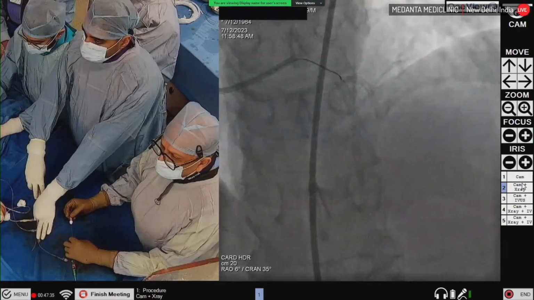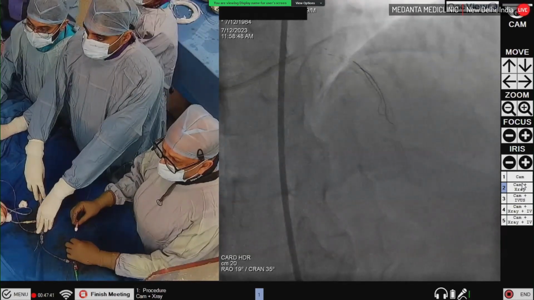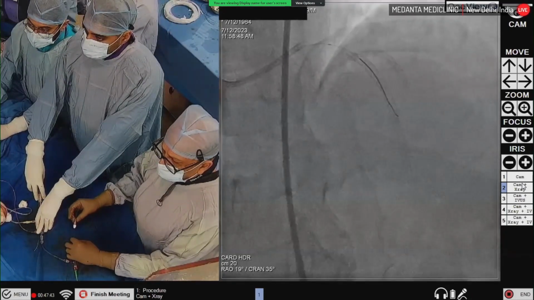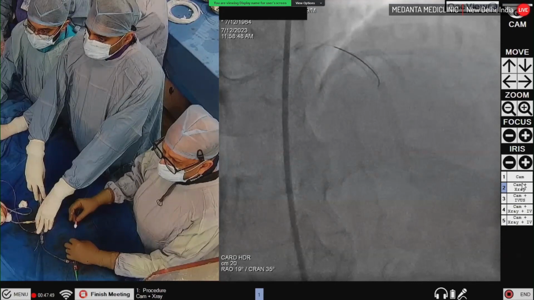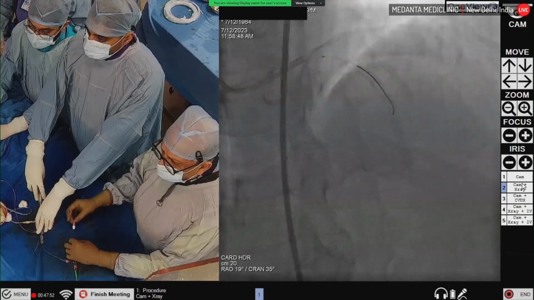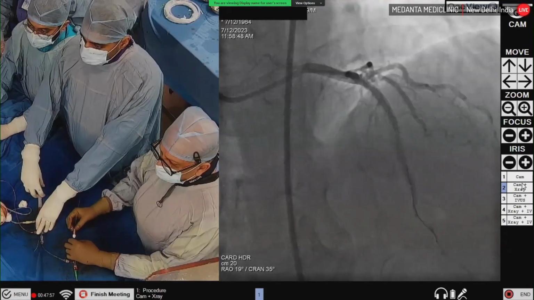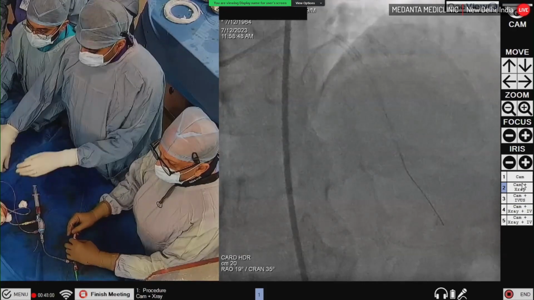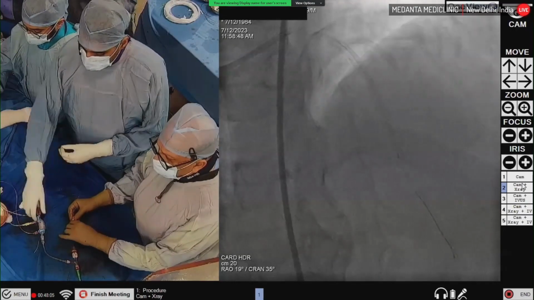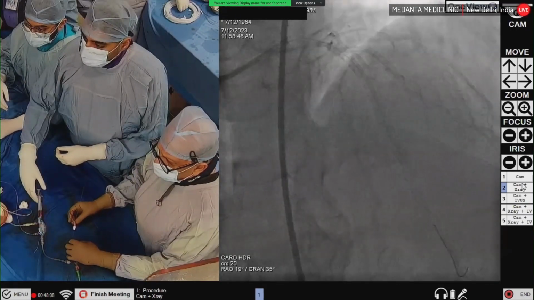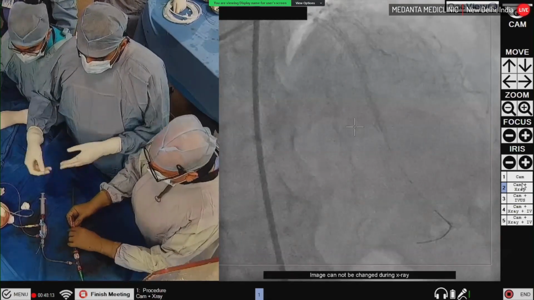Okay, so we are in the diagonal, and we want to go to the LAD. The wire is going everywhere. Can somebody check it? Check distally. Distal wire. Okay, fine.